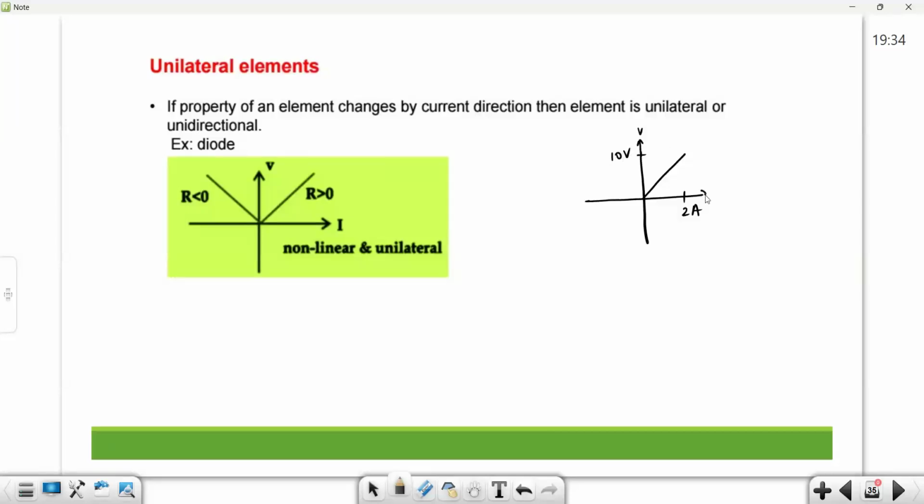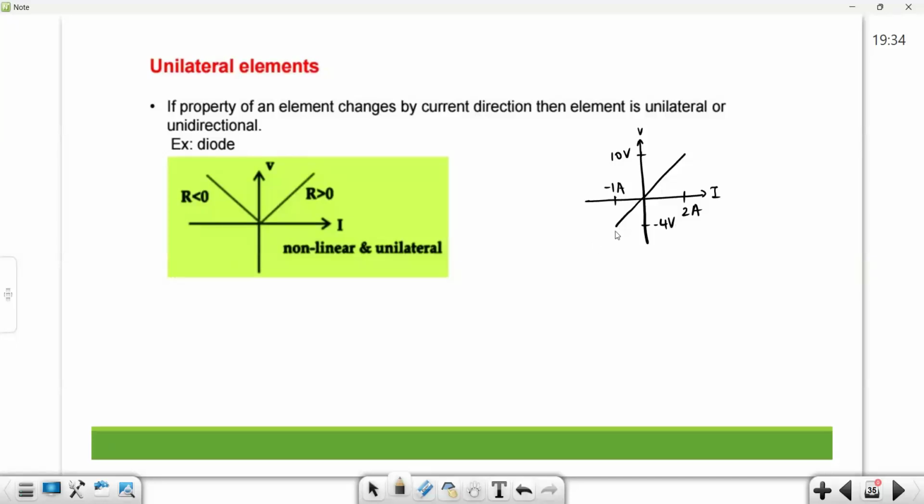This is V, this is I. Now, let it be here minus 1 amp, and let it be here minus 4 volts.